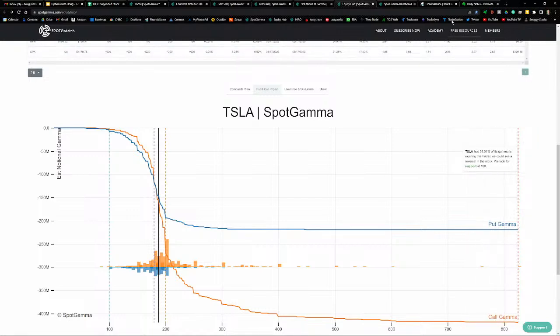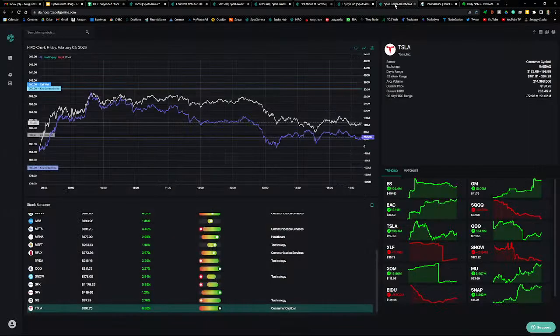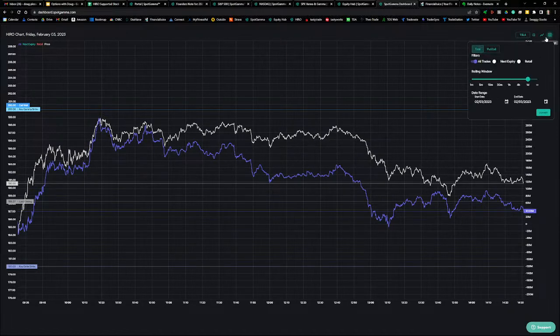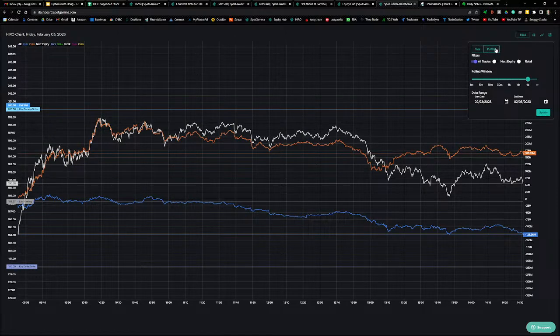So, all right, let's take a look at Hero now for Tesla. And strong correlation in the morning. Certainly that was a good long setup in the morning. Calls are driving. Long setup.